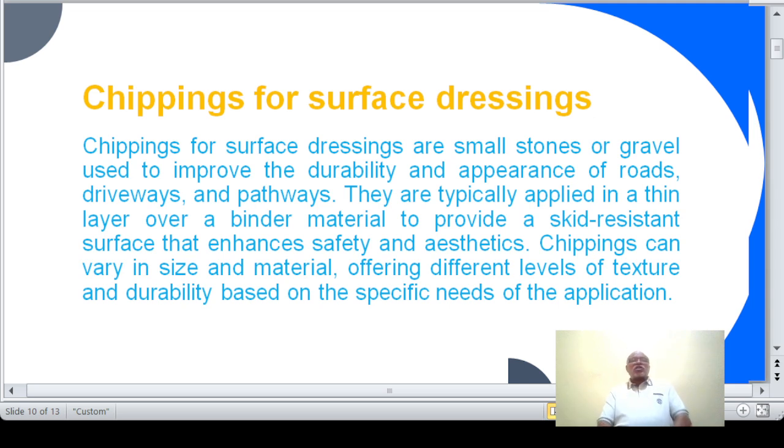The most critical period for a surface dressing occurs immediately after the chippings have been spread on the binder film. At this stage, the chippings have yet to become an interlocking mosaic and are held in place solely by the adhesion of the binder film. Dusty chippings can seriously impede adhesion and can cause immediate failure of the dressing.